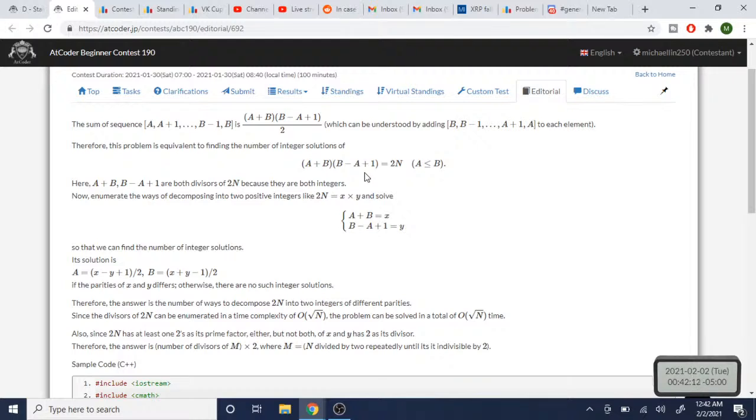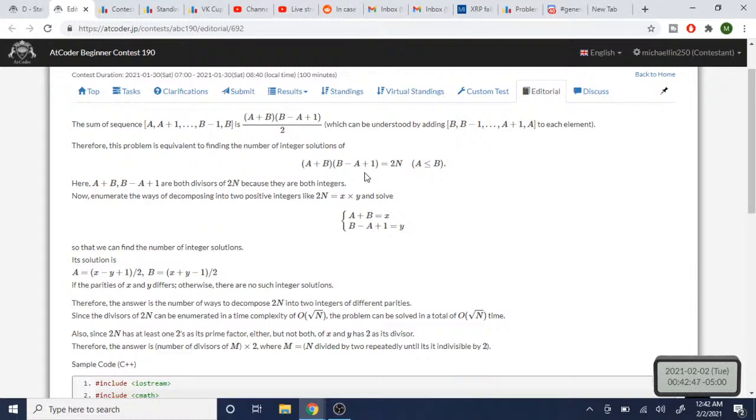Therefore, the answer is the number of ways to decompose 2n into two factors of different parity. Okay, so if they don't differ, there are no solutions. The answer is the number of such decompositions. Since the divisors of 2n can be enumerated in a time complexity of root n, the problem can be solved in root n.